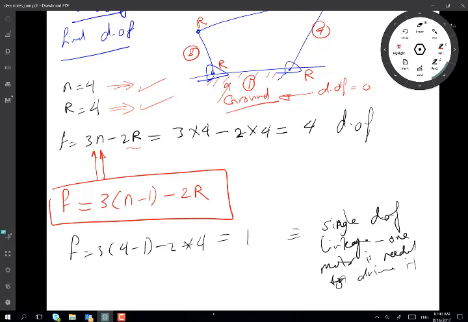The motor has a constant velocity omega, like radians per second. So we can say the angle at any point in time of this link is known, because we know the velocity and we know it's constant. So with this angle theta, we can calculate the position of any point in the linkage.